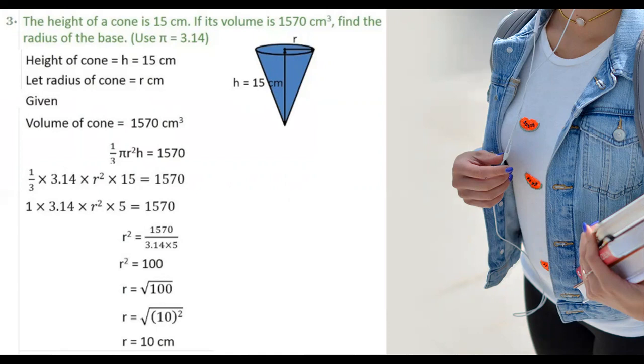So volume of the cone is 1 by 3 pi r square h, that is 1570 centimeter cube. Now substituting the value of pi as 3.14 and h as 15 centimeters, by solving we get r square is equal to 100. Therefore, r is root of 100, which is 10 centimeters.